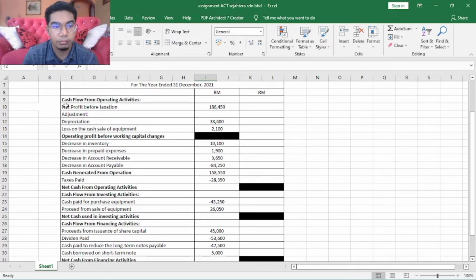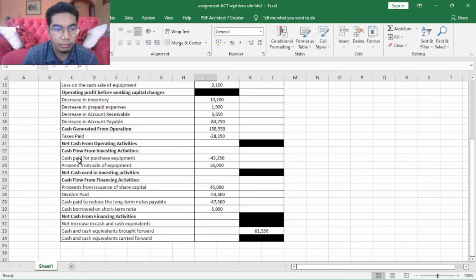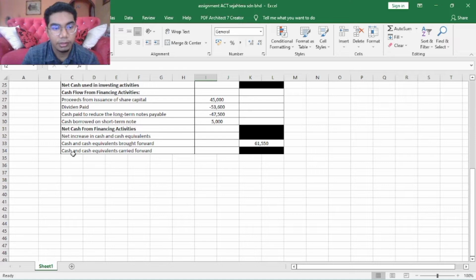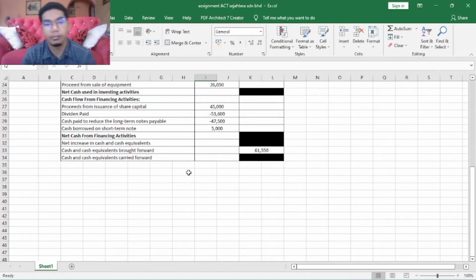First, cash flow from operating activities and net cash from operating activities. Second, cash flow from investing activities and net cash used in investing activities. The third one, cash flow from financing activities and net cash from financing activities. And the last one, net increase in cash and cash equivalents and cash and cash equivalents carried forward.